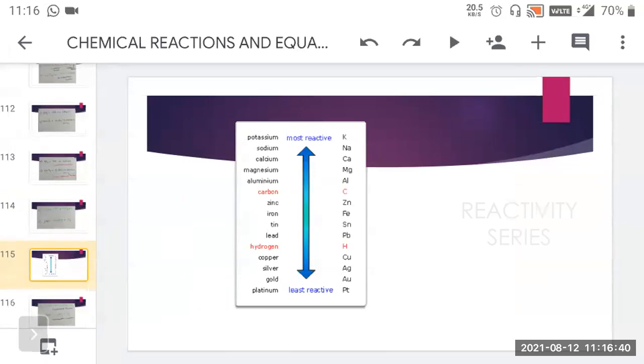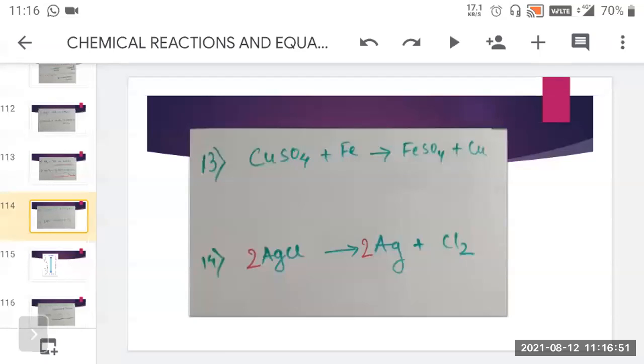And after that comes Cu. Cu is present below hydrogen. So hence we can conclude that iron has high reactivity as compared to copper. So here in this case, highly reactive iron will replace the copper. So hence we will get the solution of FeSO4 and Cu here.